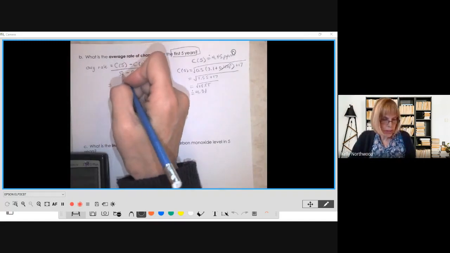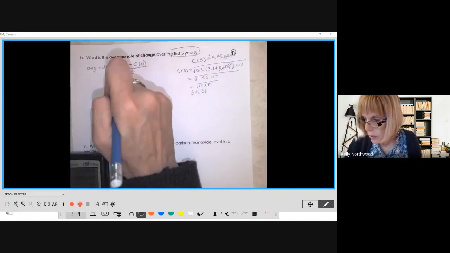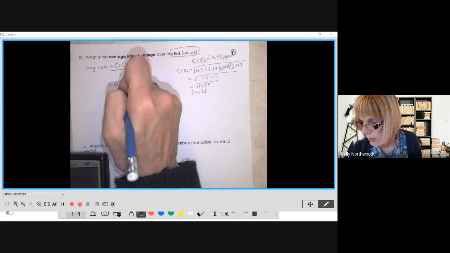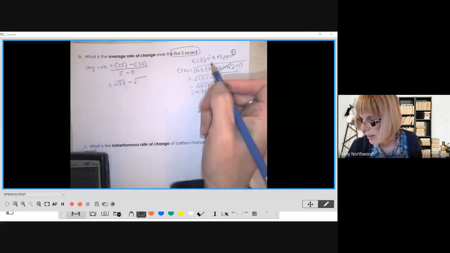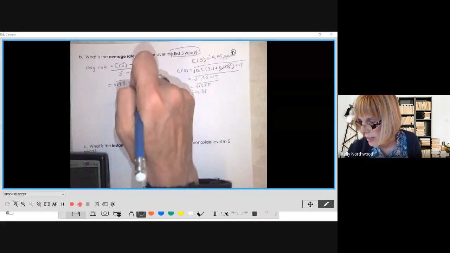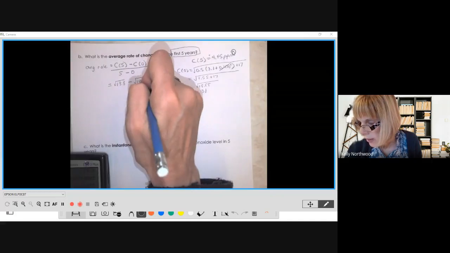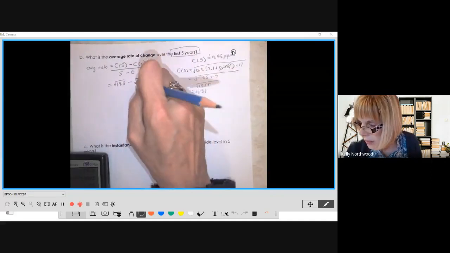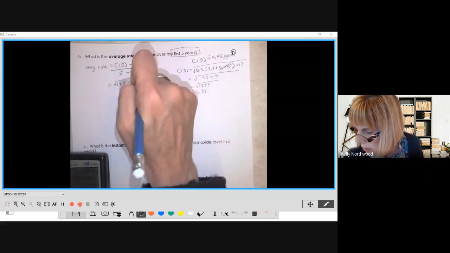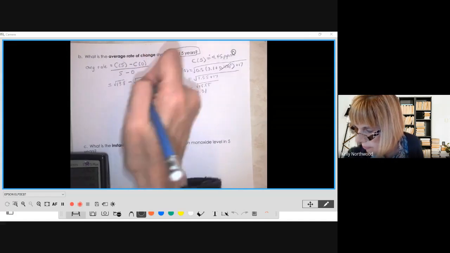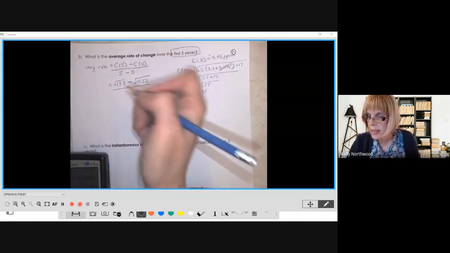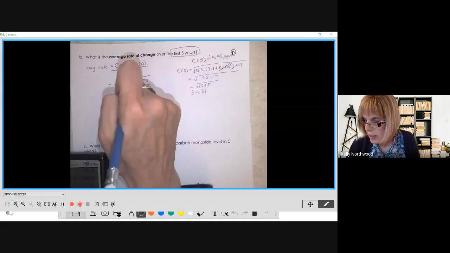Another thing you could do is leave C at 5 as the root of 19.8, and C at 0 as the root of 18.55, if you want to leave your approximations till the very end. Or you can put them in as decimals and just put an approximate sign.